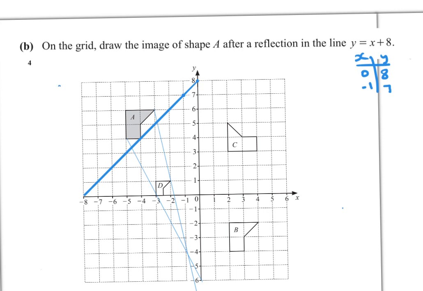Now to find the image for this shape by reflection on this line, this point, its image will be the same. This point, half diagonal from the mirror line, so its image will be there. So this point itself, and this point, its image here. This point, half diagonal from the mirror line, so its image will be there.